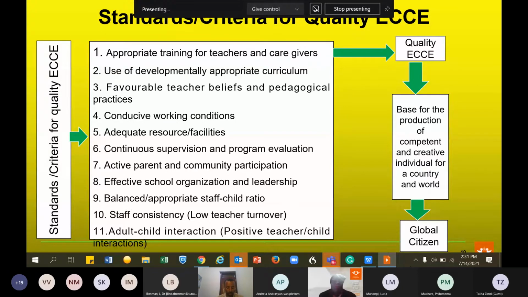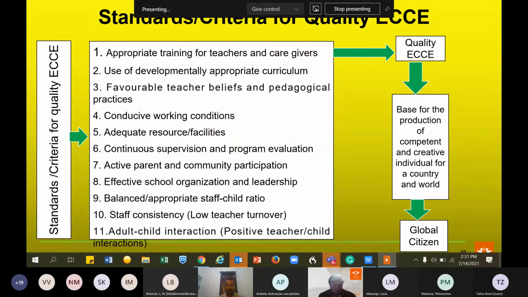The other one is conducive working conditions, that is the school environment. Even the home environment should be conducive for children to learn in a better way. The working condition should be conducive for children as well as for teachers.